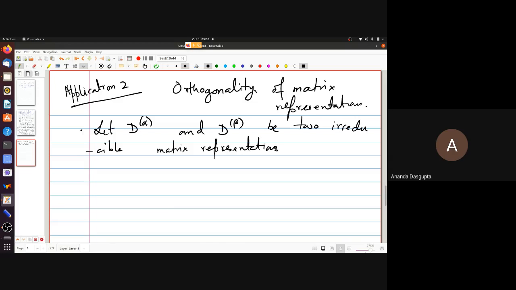Of course, remember when you say irreducible matrix representations, you mean representations which cannot be brought to the block diagonal form by a similarity transformation, right? Which is equivalent to having the original operators which they represent being an irreducible set of operators of a finite group. So all I'm saying right now will work for finite groups.